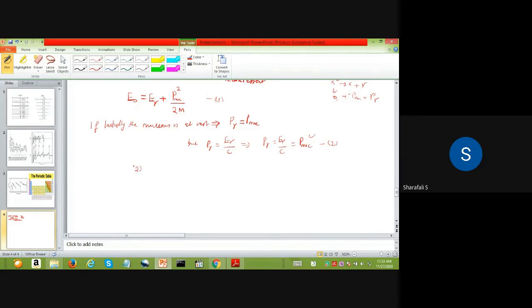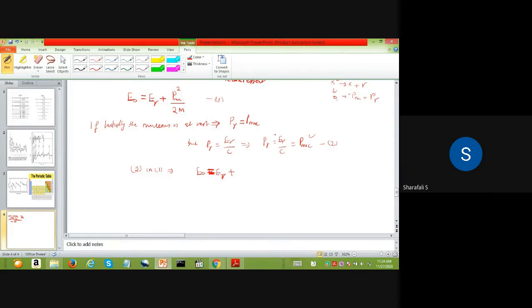So substituting 2 in 1 will give you E0 equal to E gamma plus P nucleus square by 2m.